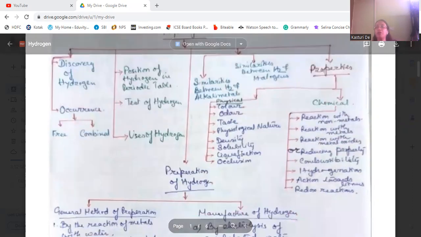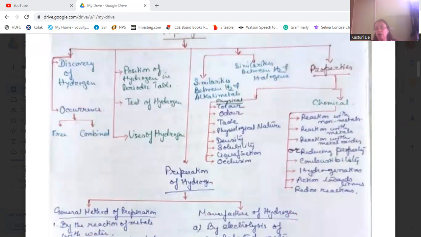In the physical properties, we will come across the color, odor, taste, physiological nature, density, solubility, liquefaction, occlusion, all these. Then chemical properties: reaction with the non-metals, reaction with metals, reaction with metal oxides, or its reducing properties. Then combustibility, hydrogenation, action towards litmus, redox reactions.